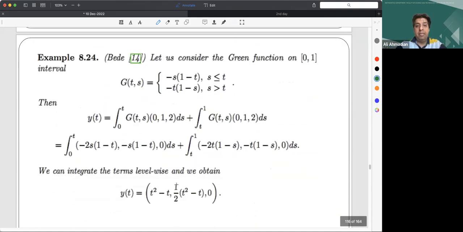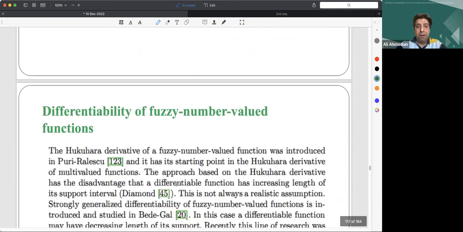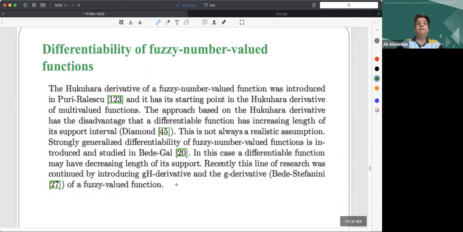property of fuzzy integral. I pass the green function, and move to the differentiability of fuzzy numbers. We talked about fuzzy difference. I just checked if there is any question.